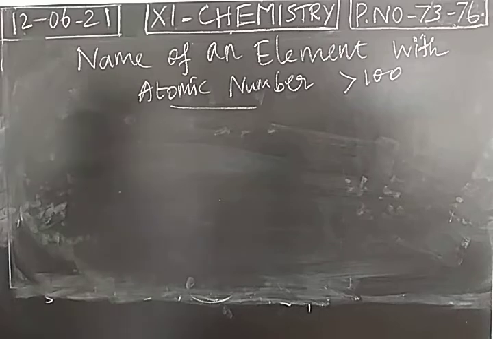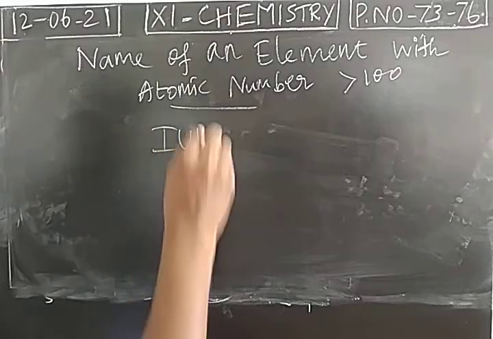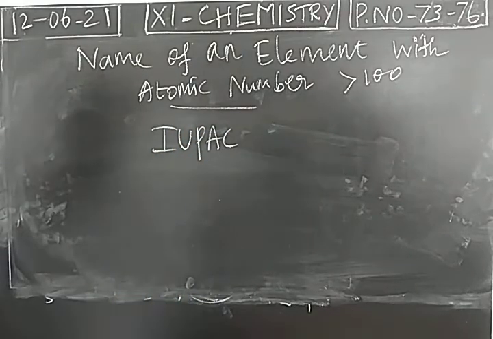So if an element is discovered, it should be authenticated by the IUPAC. Many scientists are trying to discover and prepare a new element. Till now we have 118 elements. Now the research is going on to prepare a new element in the laboratory, or to discover an element in nature. Still the process is going on. So if an element is discovered or prepared, it should be authenticated by the IUPAC.